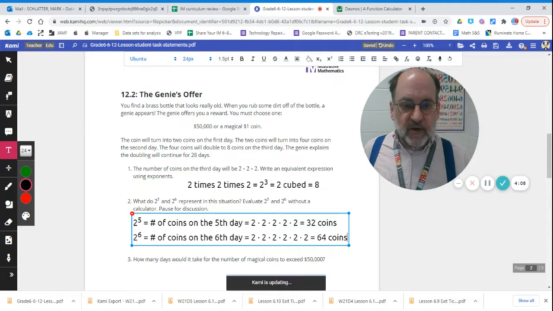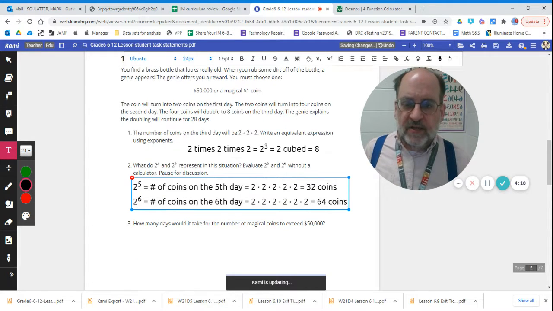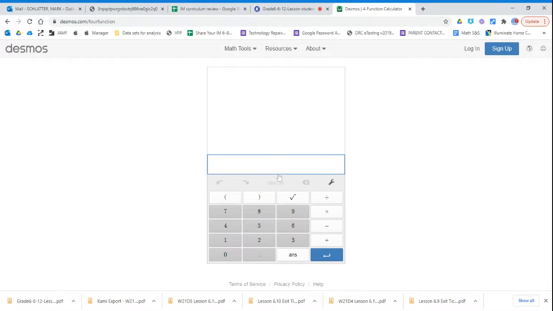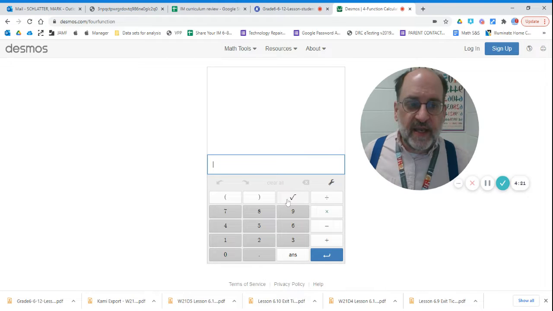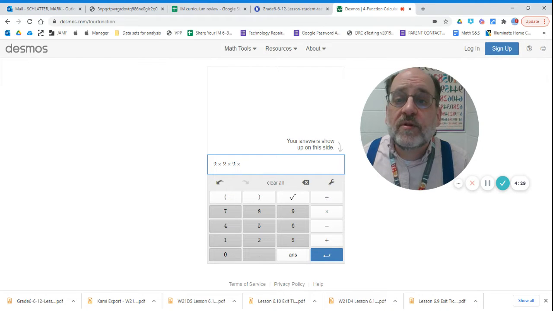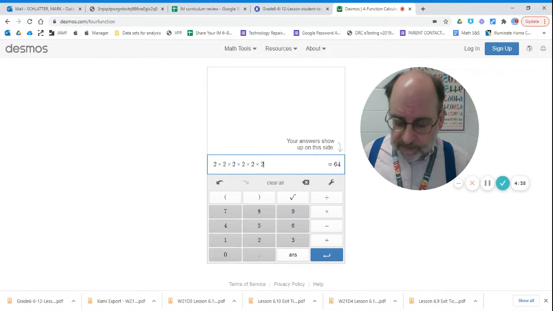Okay, we're getting a lot of coins here. How many days would it take for the number of magical coins to exceed $50,000? Well, let's use a calculator for this. Here's my calculator, and what I'm trying to do is find lots and lots of 2s. For example, 2 times 2 times 2 times 2 times 2 times 2. That was the 64 we had before.